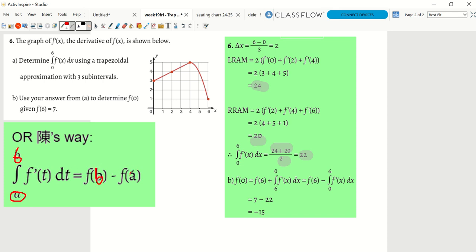So I get 6, I get 0, and that area is going to be 22, equals f of 6, whoops, my bad, f of 6, which is 7, minus f of 0, okay? And when you solve backwards for f of 0, you're going to get negative 15.